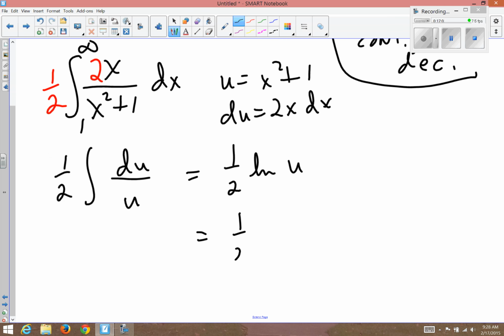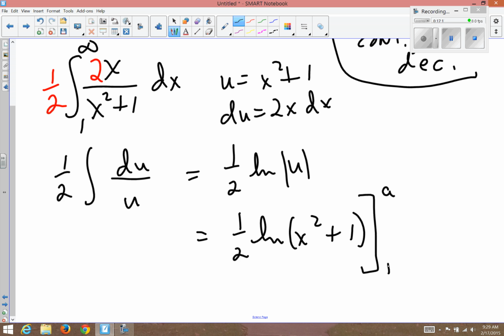That's actually 1/2 the natural log of x squared plus 1. Note, x squared plus 1 is always positive. That's why we don't need the absolute value. Plus c is not used. Instead, we have a bracket with an a and a 1. The a is taking the place of infinity.